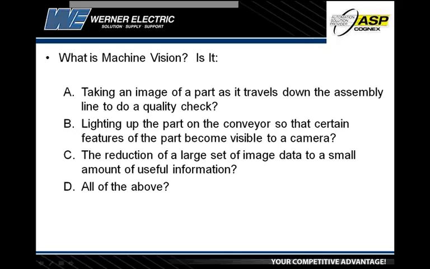So different optics allow you to see a larger area from a short distance or a smaller area from a long distance, depending on the lens that you choose. And then, of course, the camera: the lower resolution, lower function cameras are less expensive. Higher resolution cameras are more expensive. And the software that determines whether the part is good or bad. So those are all aspects that we will discuss today.